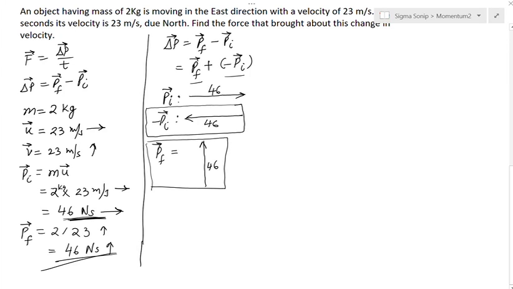Now vector addition we already know, so I'll just draw them. The order doesn't matter in vector addition. I can draw minus Pi, this vector first, and that later, it doesn't matter. It will not change the answer. So you got 46, this is my Pf, and that's my 46, minus Pi.